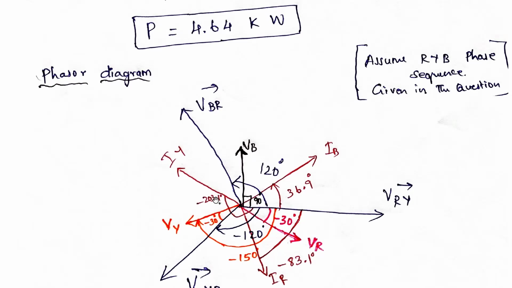It is approximately minus 203.1 degree. If you use a protractor you can mark it exactly, but I have taken it just randomly, because up to here is 120 and up to here is 240.